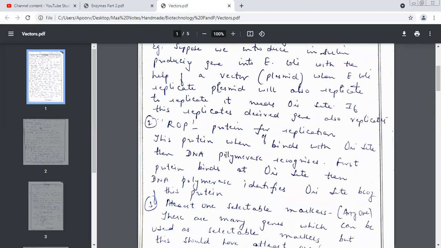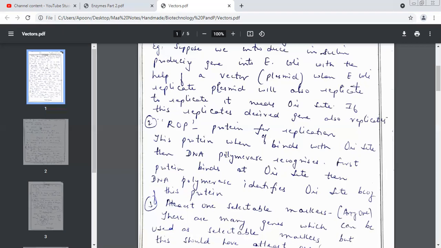Protein for replication. How does this help? Tell me. How will this protein for replication help in replication? It will go and bind with the ORI site. Yes. And why does this protein need to bind with the ORI site? So that DNA polymerase can recognize it.